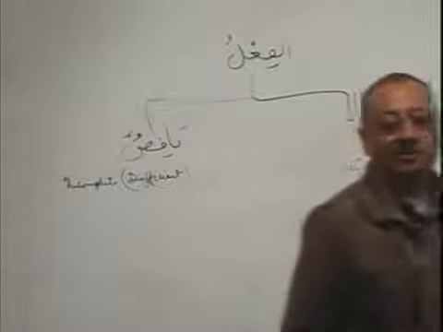Are you with me? I had explained to you before. Do you remember, brothers and sisters? Complete verb and incomplete verb. Have we done any incomplete verb so far? What was that? Laisa. Remember? Laisa has ism and Laisa has a khabar. It is incomplete. Now, when you say jalasa, he sat, there is a complete sense in it.